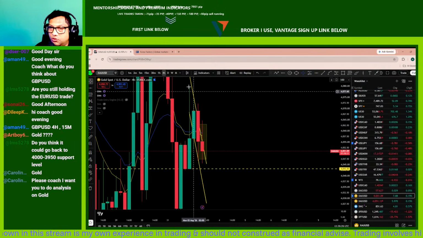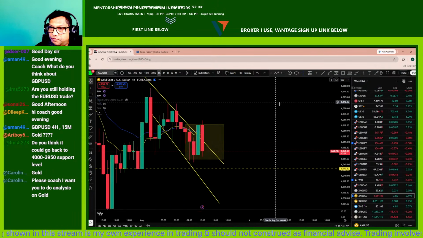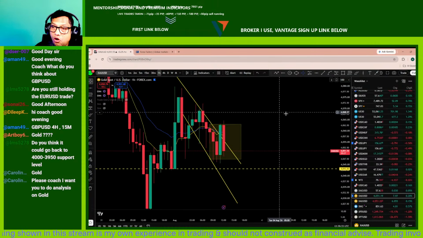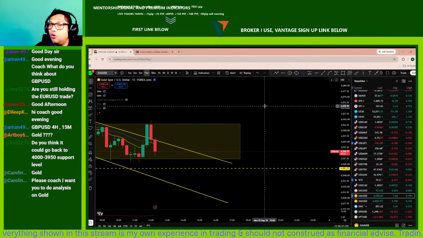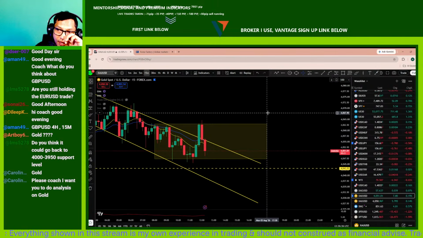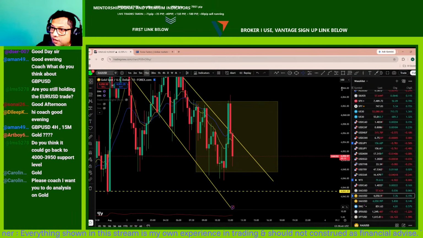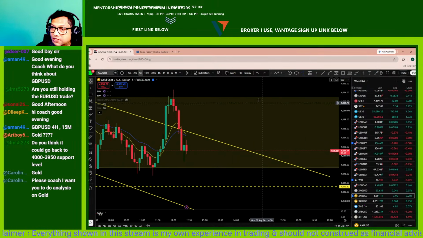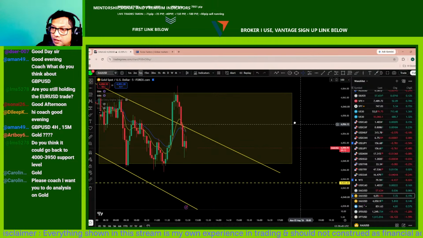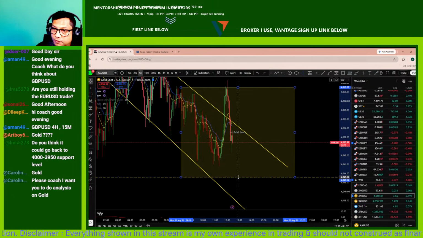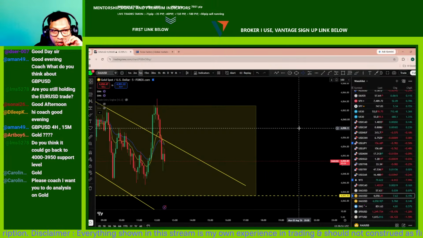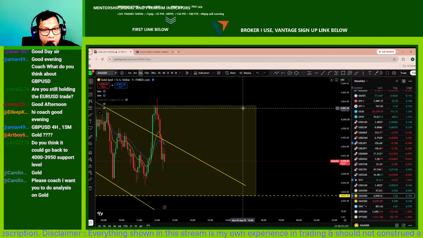From the intraday as well, we can see the market is rejecting this resistance line, which shows that gold is currently in this downtrending move, with the price action maintaining that downward flow back below to this support. Okay, so let's look at how the market might do.